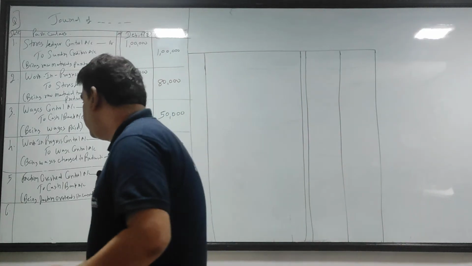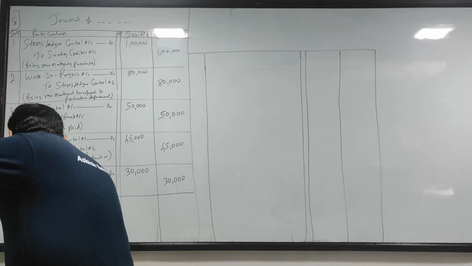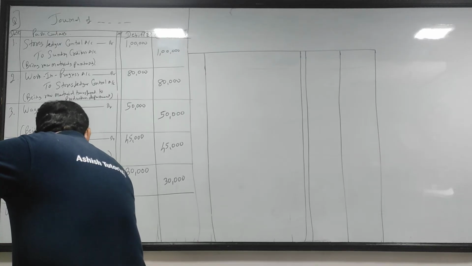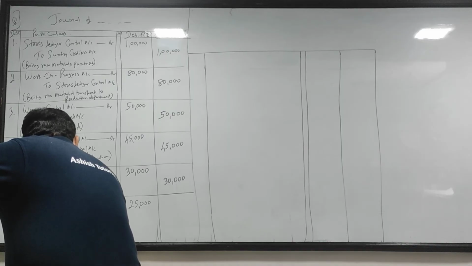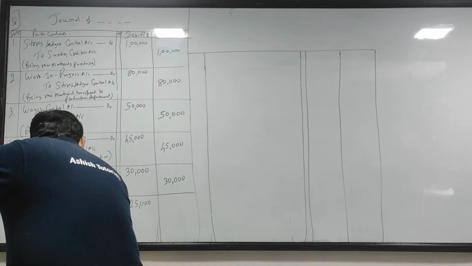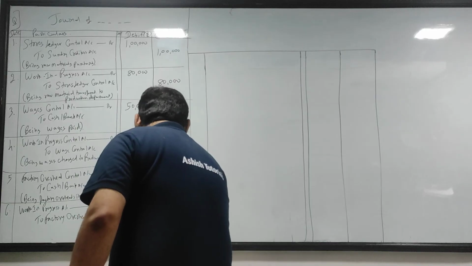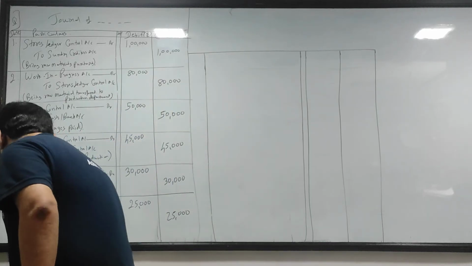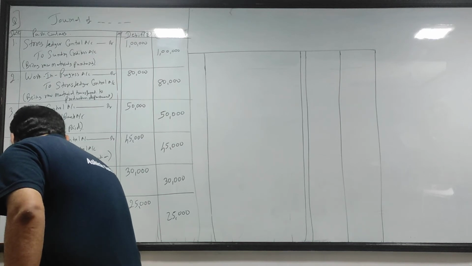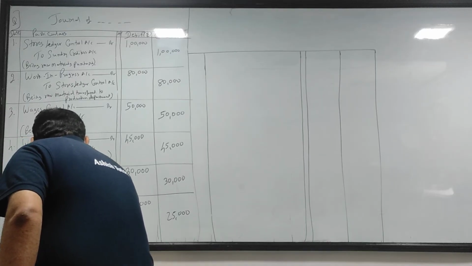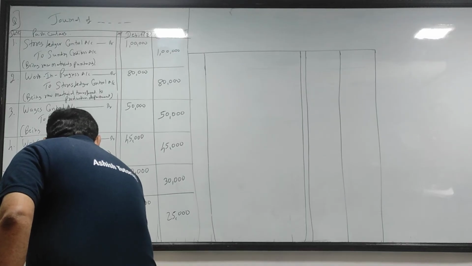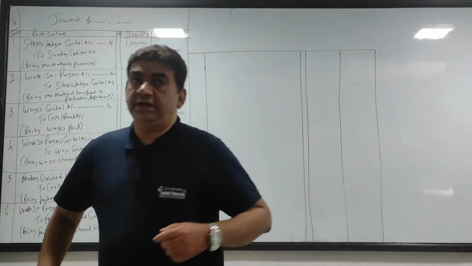So same like entry number 4, I will debit work in progress account debit 25,000 to factory overhead control account 25,000, being factory overheads charged to production.